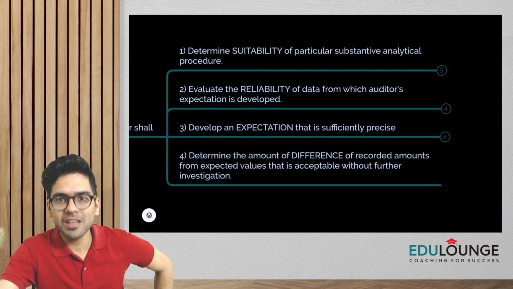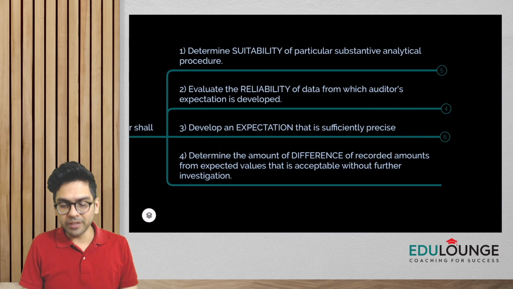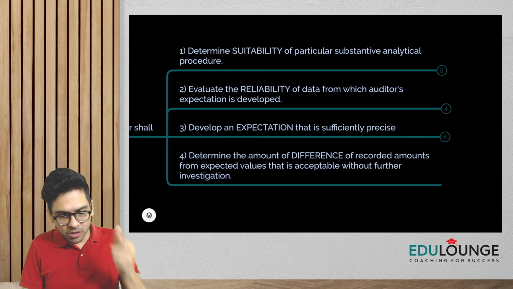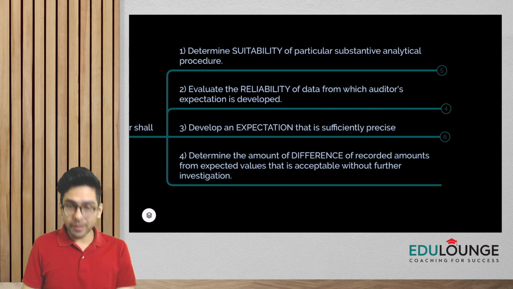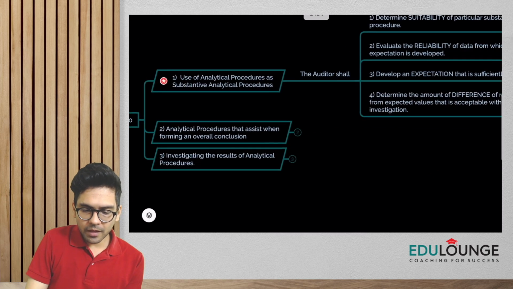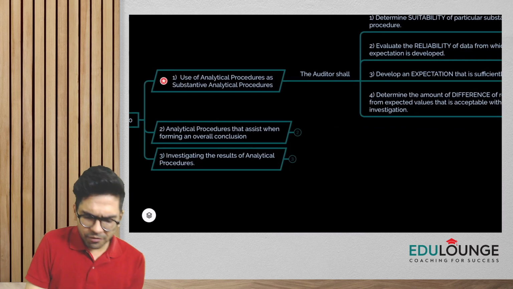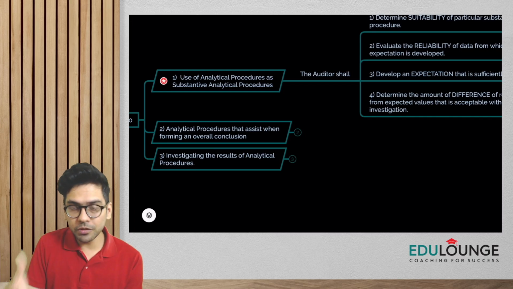Of course you would be angry and you would go for further investigation. So it says determine the amount of difference of recorded means actuals from your expected values that is acceptable without further investigation. But then if it is beyond your tolerable range, of course you will have to, guys, investigate. Okay, but yeah, we are going to come to the investigation portion, don't worry.